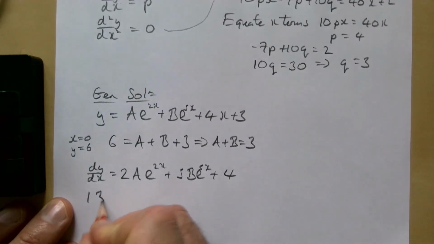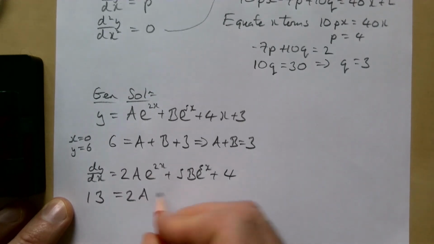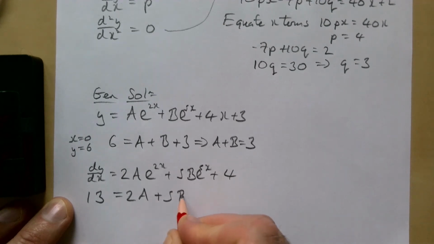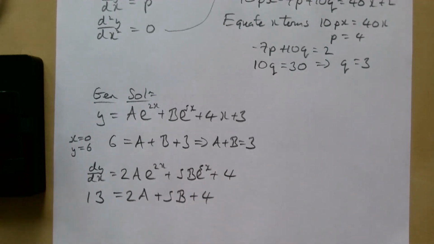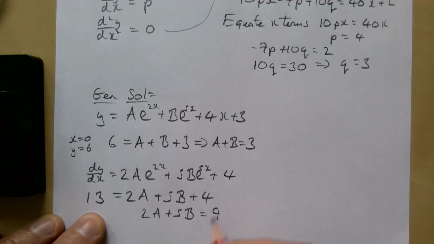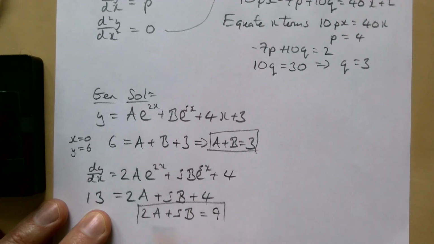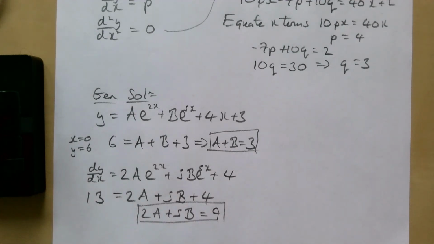So that means 13, with x as 0, gives me 2a plus 5b plus 4. So rearranging that, we have 2a plus 5b equals 9. So I have two simultaneous equations here that I'm going to solve.